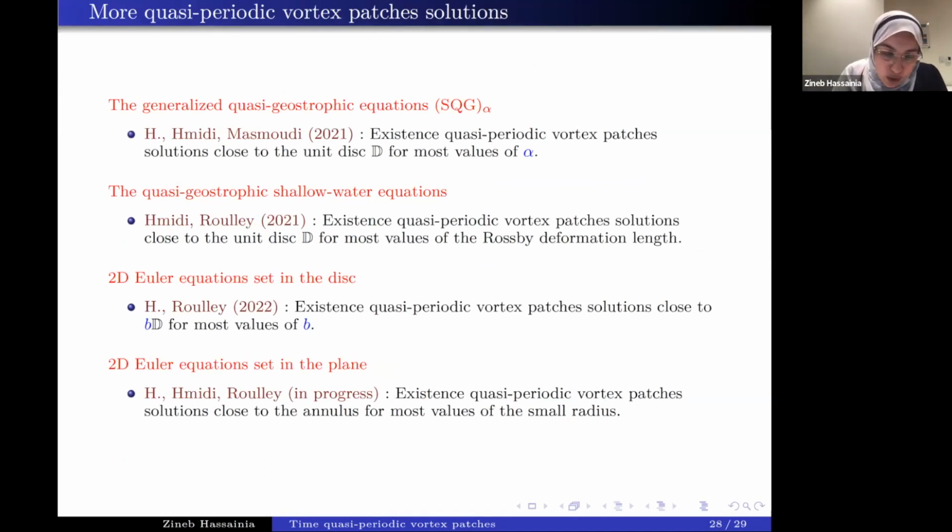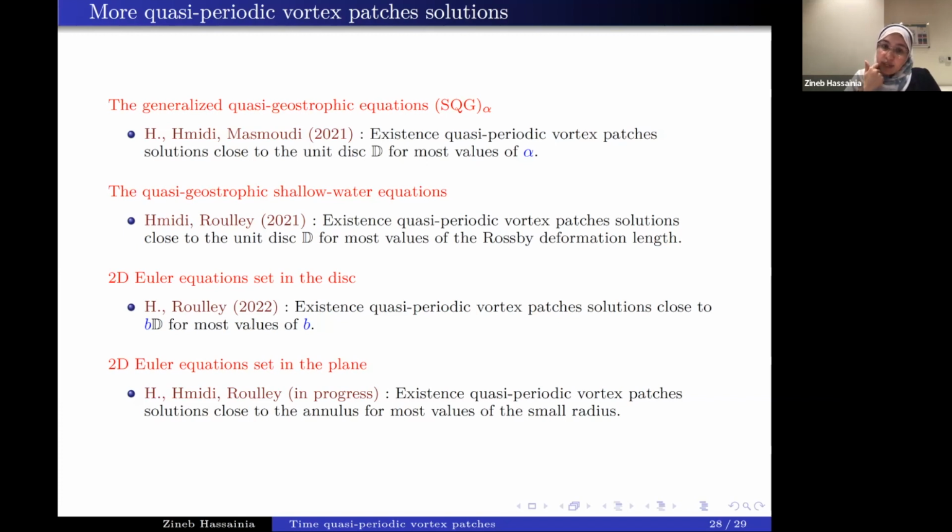I'm going to end the talk with a few recent results for quasi-periodic vortex patches. With Hmidi and Masmoudi, we proved that we can construct quasi-periodic vortex patch solutions close to the disk for most values of the parameter alpha, which determines the order of the model.